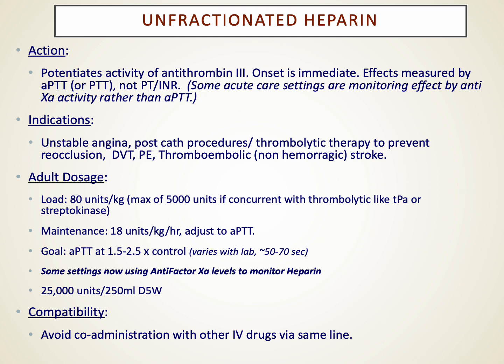Our indications for unfractionated heparin, giving it primarily IV, we can also give lower dose subcutaneously, are for folks who have existing clots or at high risk for clots. Those include patients with coronary events like unstable angina, folks who've had a catheterization procedure, folks who have had other kinds of thromboembolic events like a deep vein thrombosis or a pulmonary embolism.